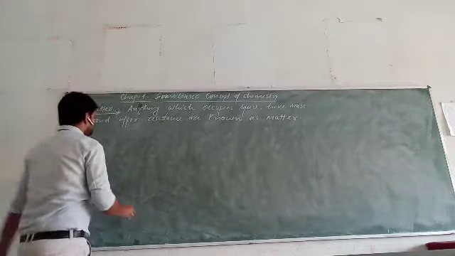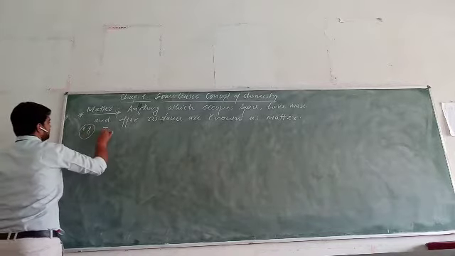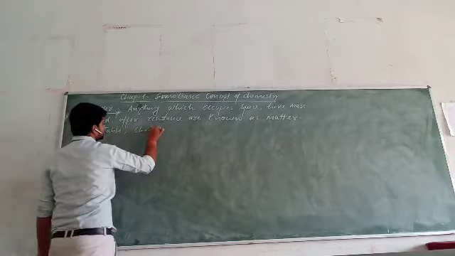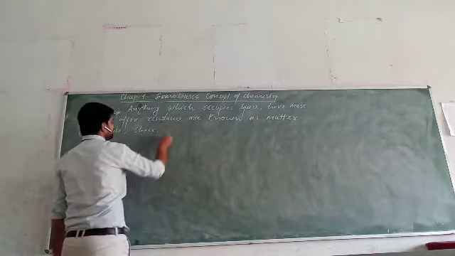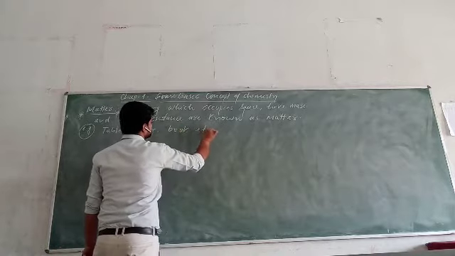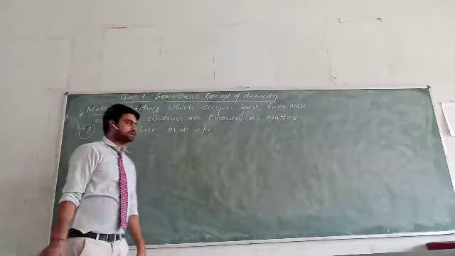Clear? Examples of matter are table, chair, book, etc. These are all things which we see around us. These are all matter.